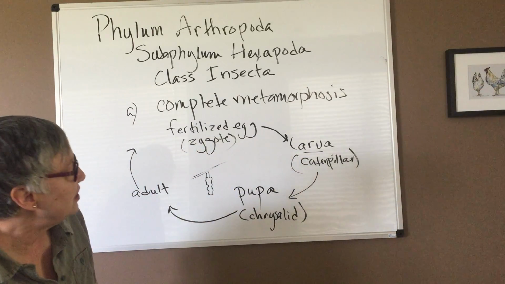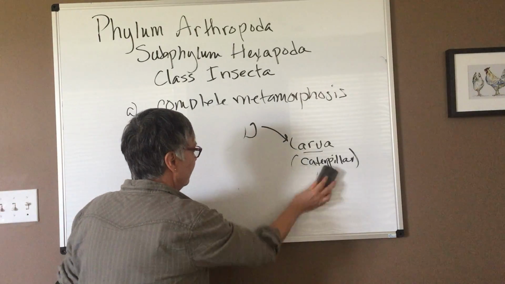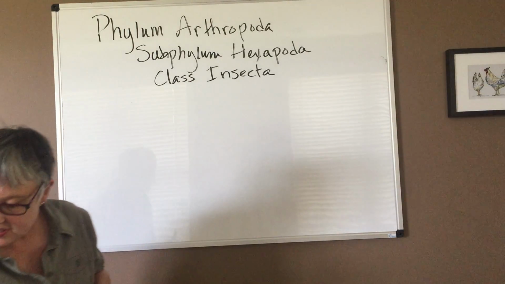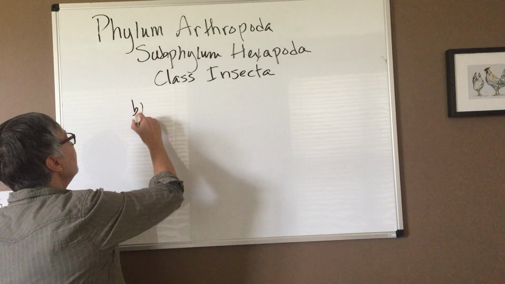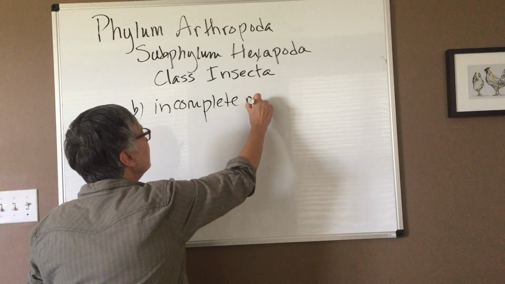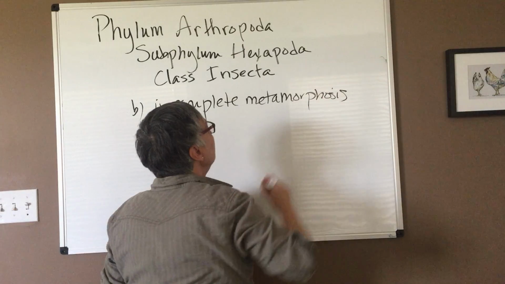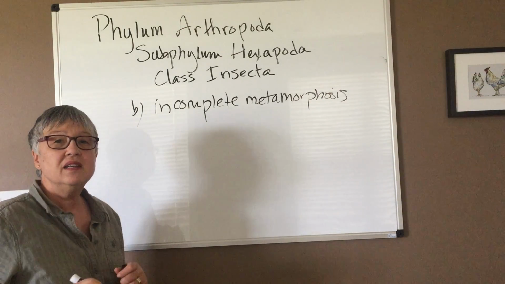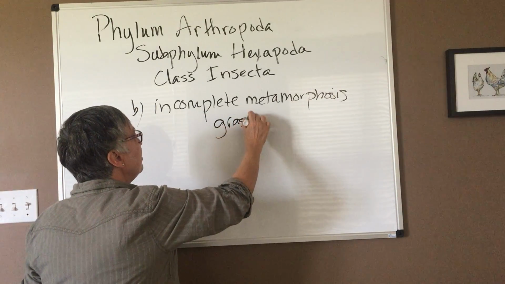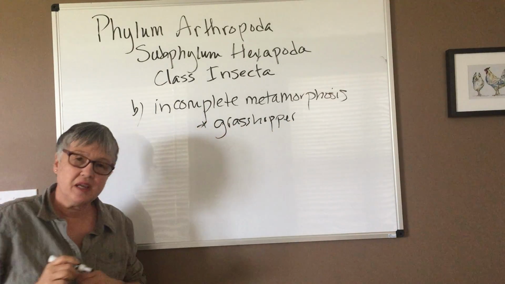Okay, the second type of metamorphosis is called incomplete metamorphosis. This may be a form that you're not familiar with. In this type of life cycle, we're going to let the grasshopper be our example.